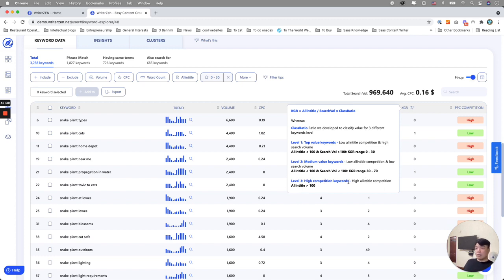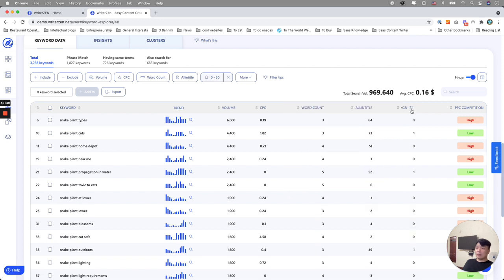So with this, I will then have this list of keywords that we've now broken down from 3,238. We now only have 1,262 keywords. But I want to do another filter, because I don't want any keyword that has allintitle above 20, because to me, it's still quite highly competitive. You want to find keywords that have allintitle less than 20, minimum 0.